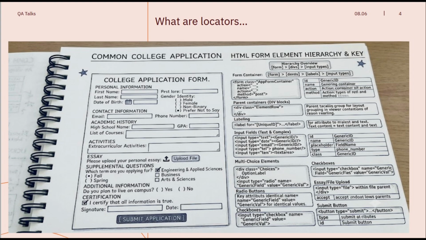So when you want to interact with an element on the web page, like entering data into a text box, clicking on a button, selecting a radio button, we are indirectly interacting with the element nodes which has some attribute nodes. So we need an identifier for the automation script to find these elements and interact with these elements, which are nothing but our locators. And there are various locators that you can make use of, like ID, name, XPath, CSS.